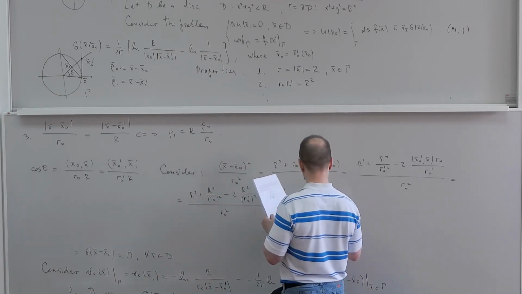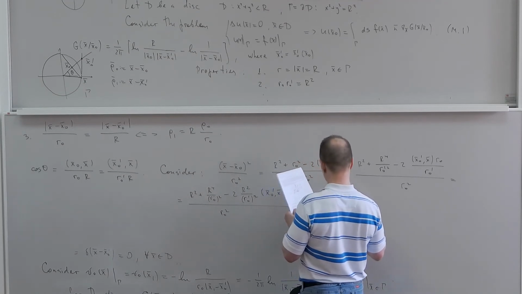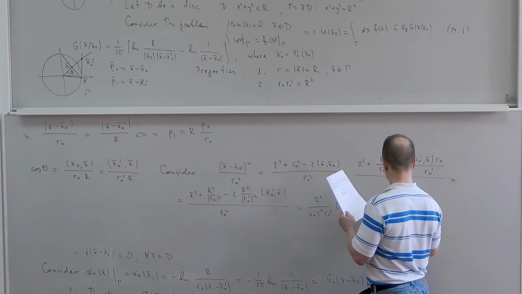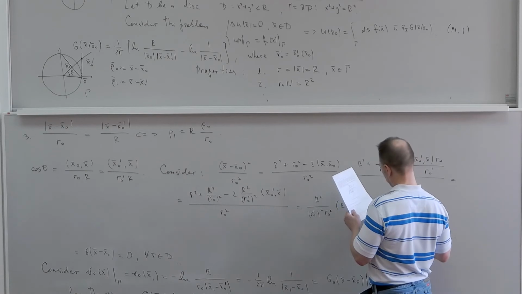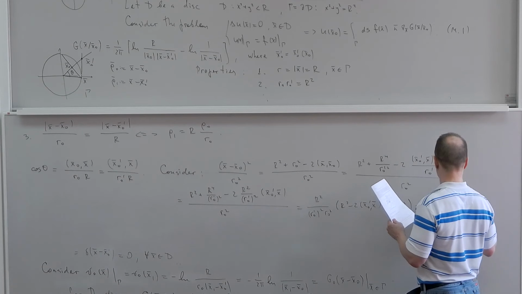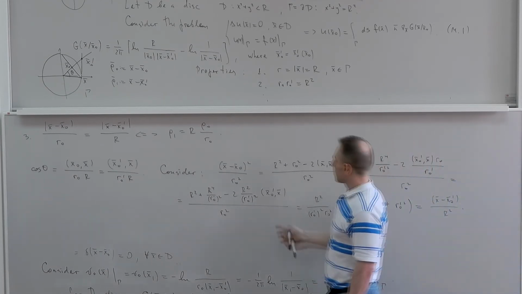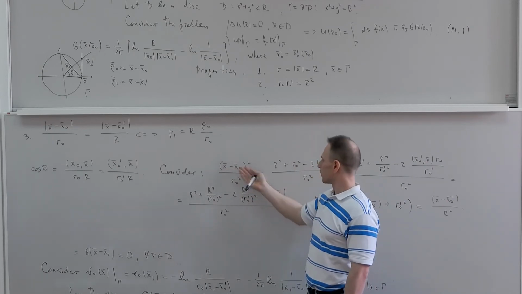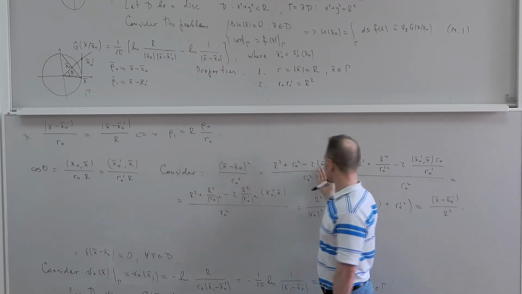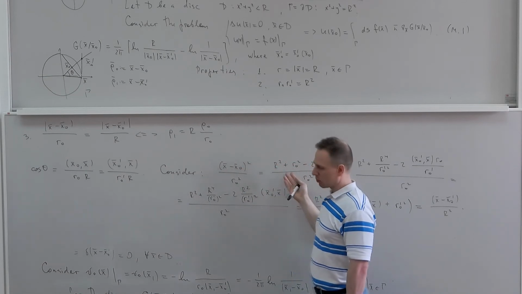So it can be written in the form. In the first equality, we just expand this scalar product, and we can write it in this form, and the square of x is equal to r squared, and so on.